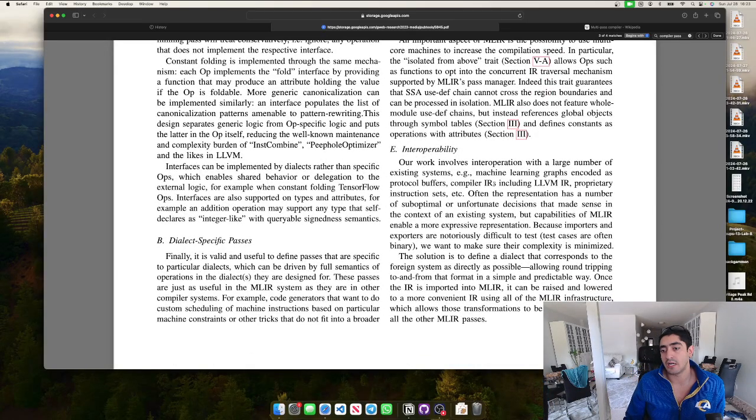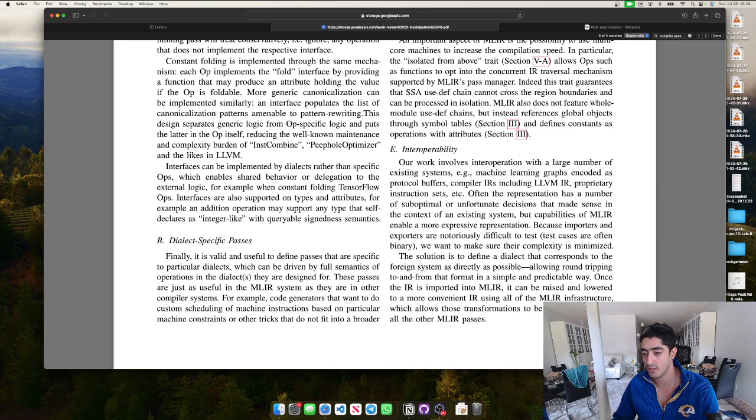Interoperability. Our work involves interoperation with a large number of existing systems: machine learning graphs encoded as protocol buffers, compiler IRs including LLVM IR, proprietary instruction sets, etc. Often the representation has a number of suboptimal or unfortunate decisions that made sense in the context of an existing system, but the capabilities of MLIR enable a more expressive representation, because importers and exporters are notoriously difficult to test. Test cases are often binary.